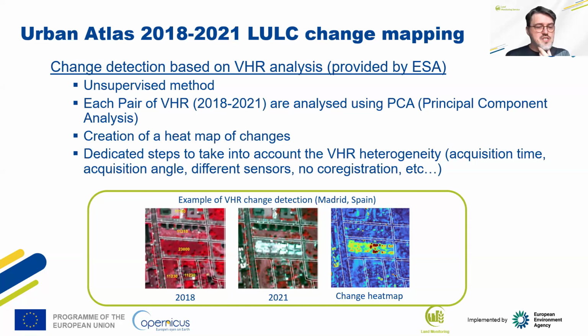It transforms the original image bands into a smaller set of principal components that highlight the strongest variations. For each pair of images, for example 2018 versus 2021, PCA extracts the main patterns and highlights where the signal has significantly changed. The generated change heat map is visible here in the example on the bottom.